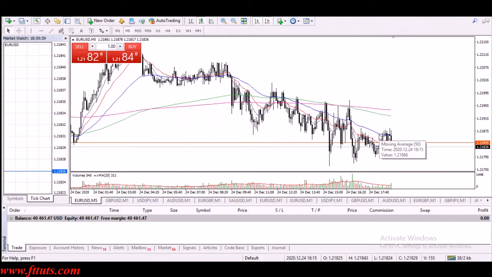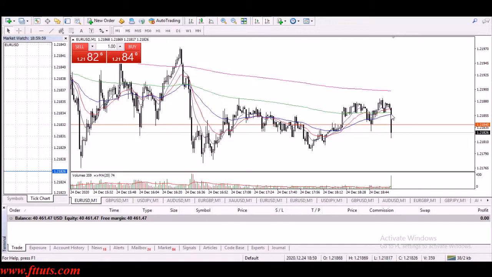So EMA 50 is around 1.2186. If we go to M1, EMA 200 is around 1.2186. You see it? So the 50 on M5 is almost the 200 here.